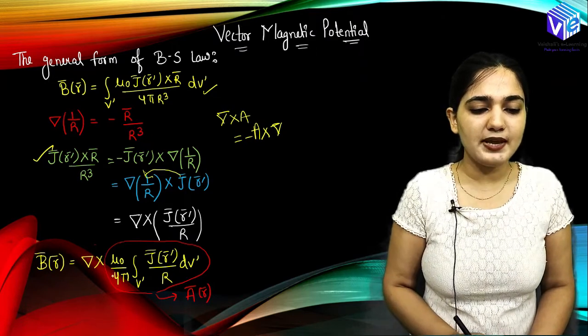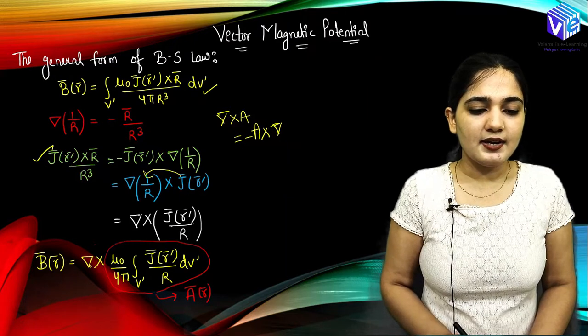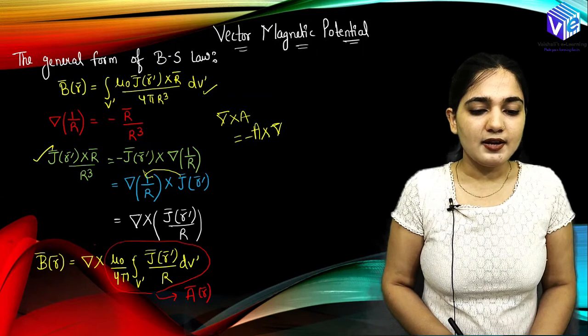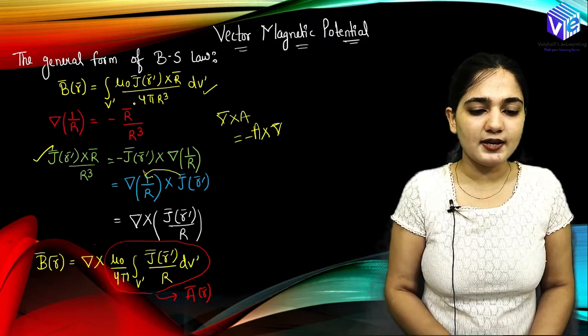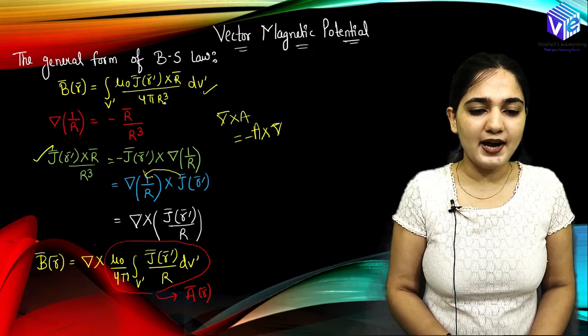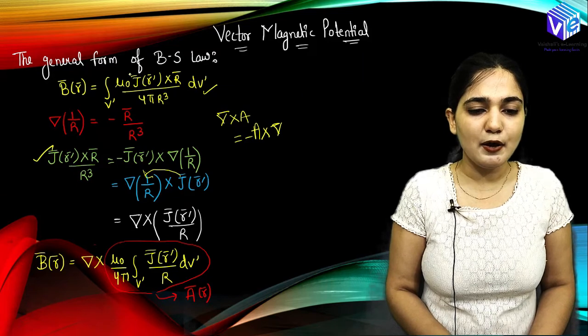Now the B vector can be represented as del cross mu naught upon 4 pi integration over v. What was there? Here we had Jr cross r upon r cube. Mu naught upon 4 pi I have already taken outside. What is left is Jr cross r upon r cube.